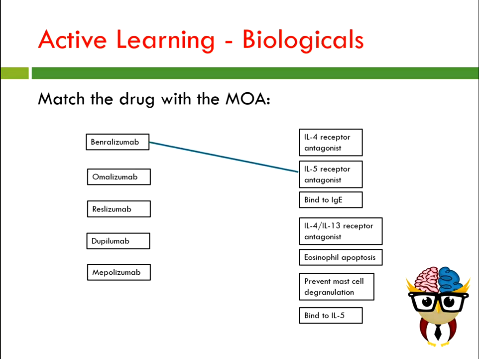Eosinophil apoptosis. Because it's an IL-5 target, the eosinophil is not primed. That will prevent the apoptosis as well. Omalizumab, straightforward. What else? If you bind to an IgE, what's happening? Mast cell degranulation. Moving forward, reslizumab.